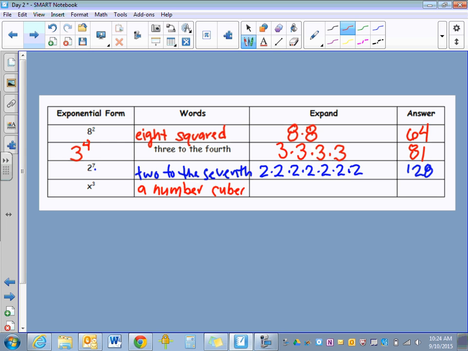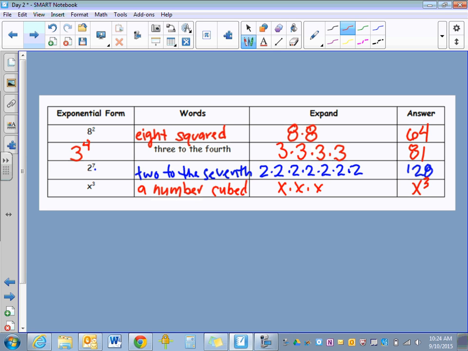And you could also say a number to the 3rd power. We have x times x times x. And we don't know what the value of x is, so we can't simplify it any more than x cubed.